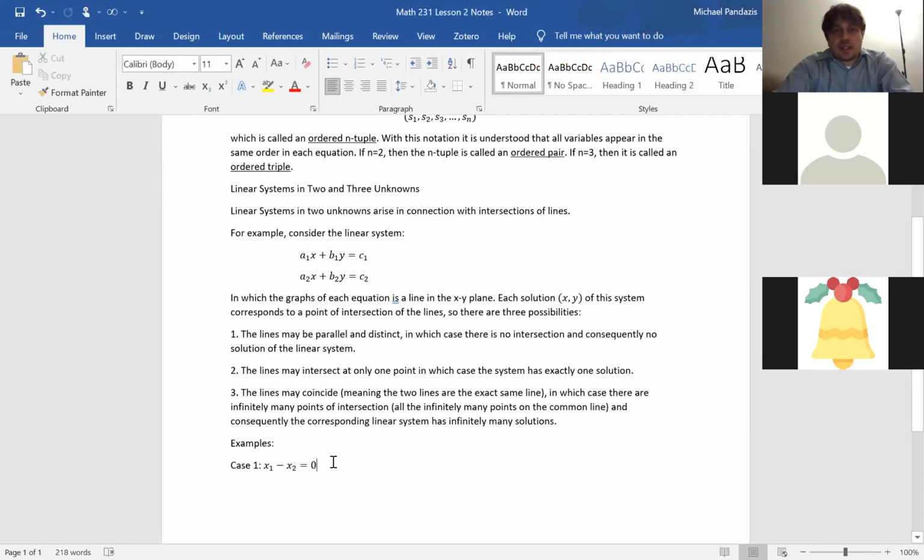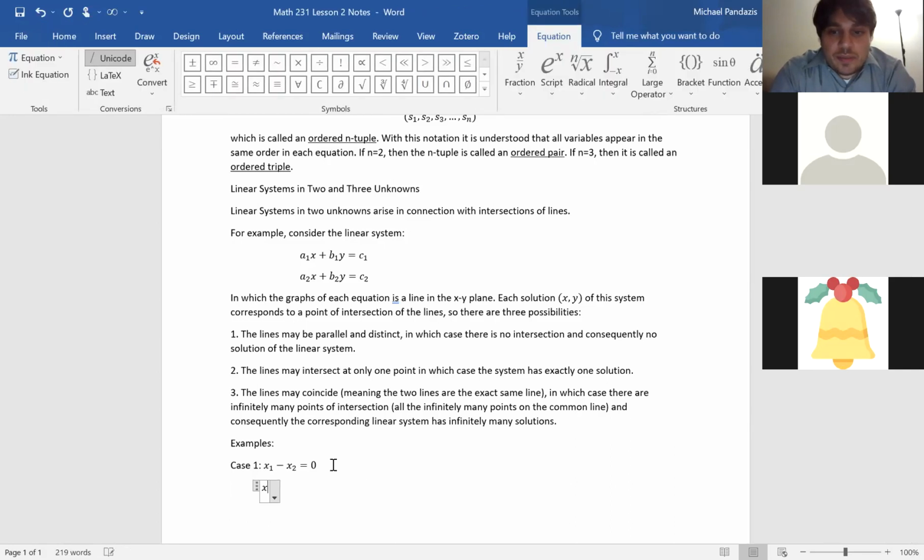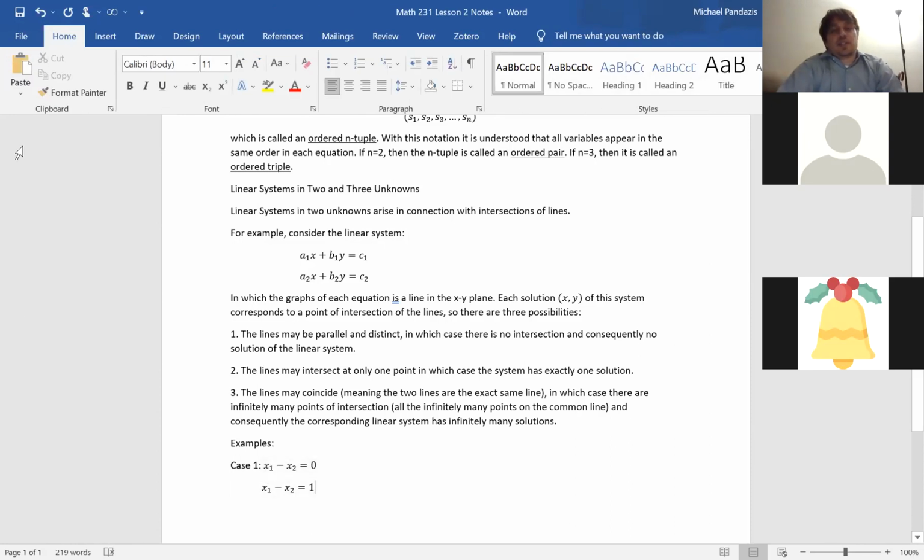And then another equation could be x1 minus x2 is equal to 1. So this linear system is represented by 2 lines which are parallel and distinct.